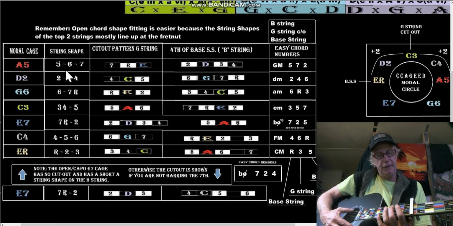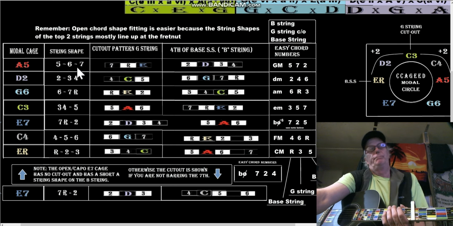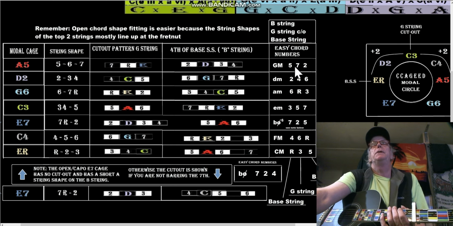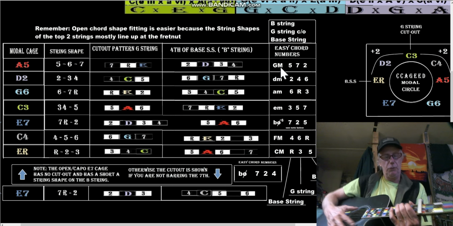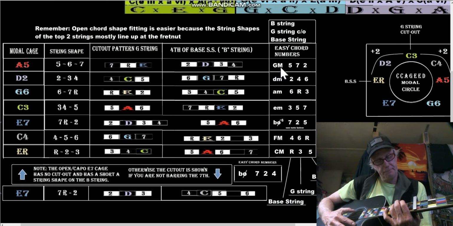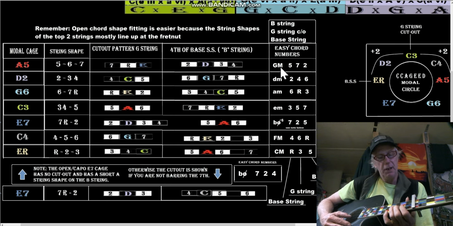The mixolydian, we have to learn this, so it's going to be 5, 7, 2, or G major. Normally play it like 5, 6, 7, root 2, 3, 4, 5, 6, 7, root 2, 3, 4, 5, 6, 7, root.